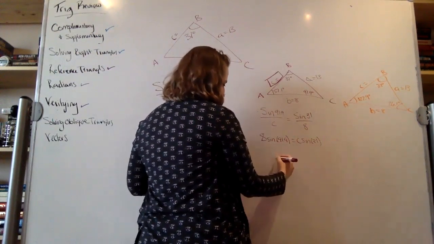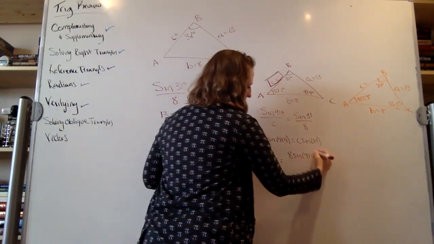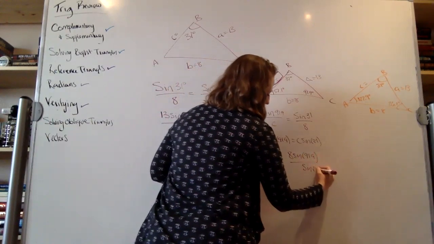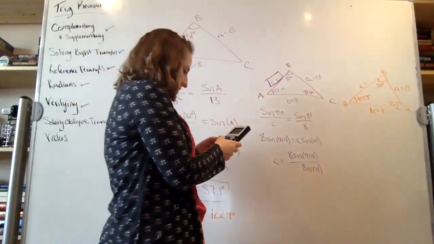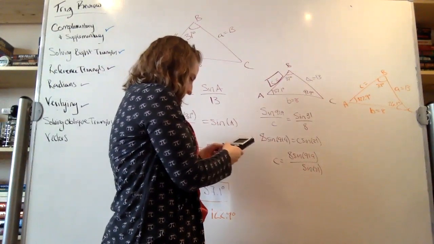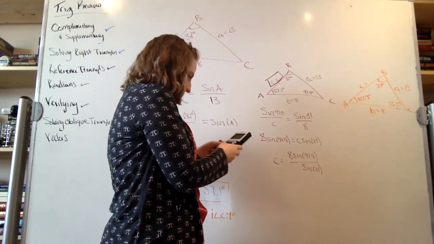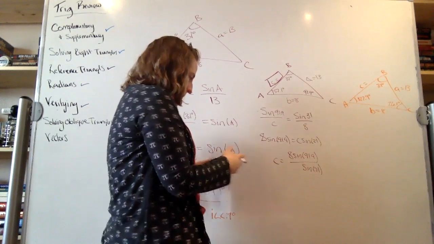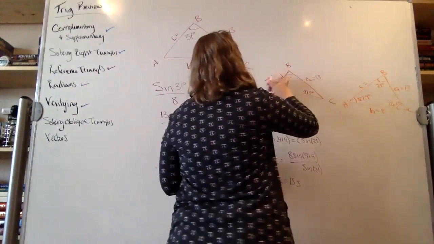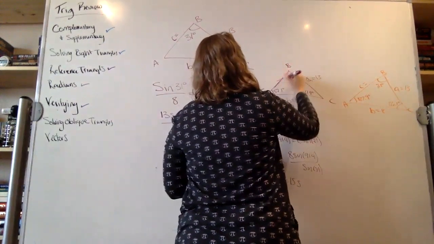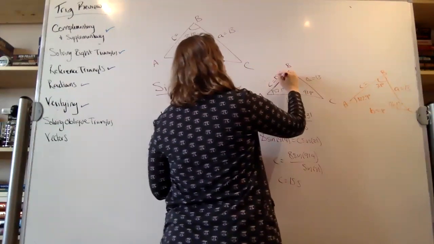Dividing both sides by sine of 31 gives me C equals 8 sine of 91.9 over sine of 31. Putting that into my calculator gives me 15.5. So here we get C equals 15.5. Now let's solve the other triangle.